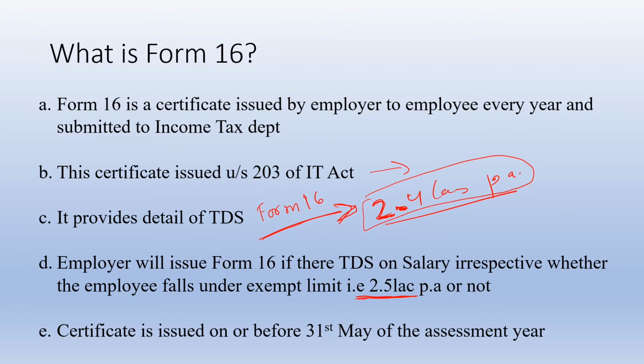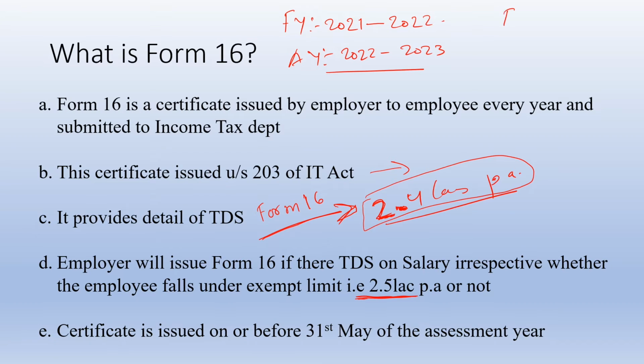And the employer issues this certificate on or before 31st May of the assessment year. Suppose the financial year is 2021 to 2022, the assessment year will be 2022 to 2023.